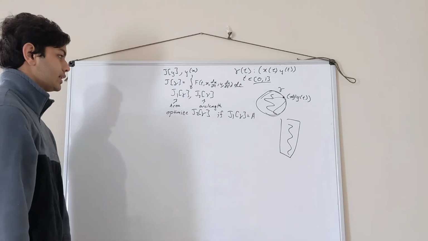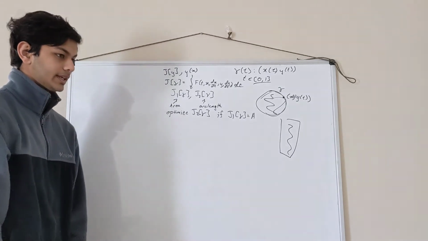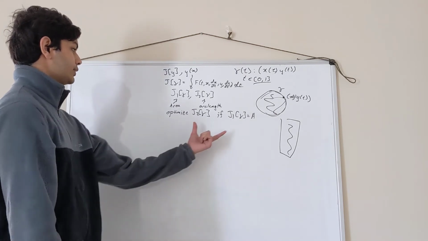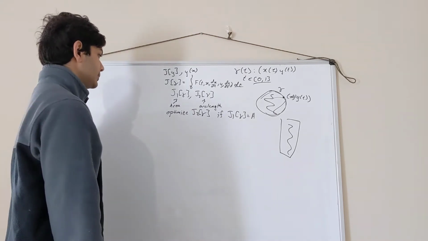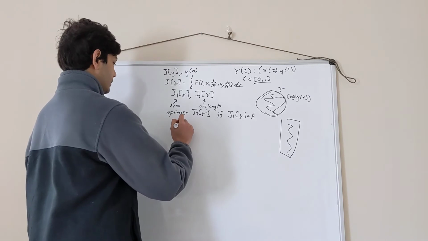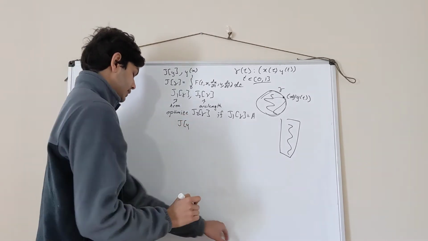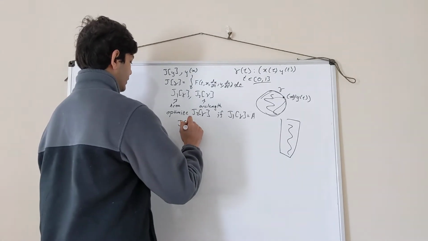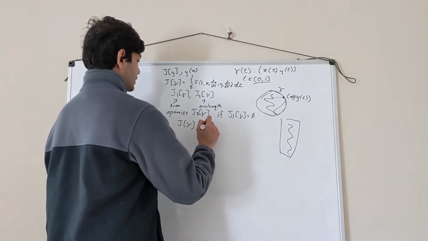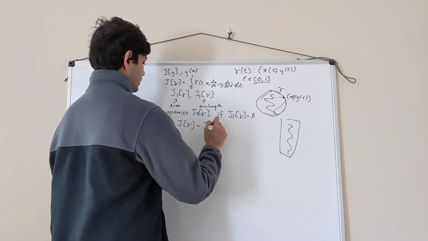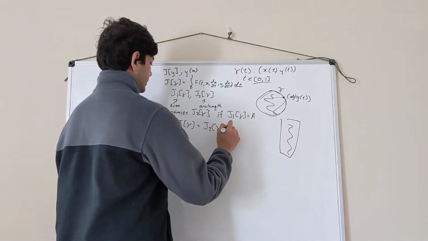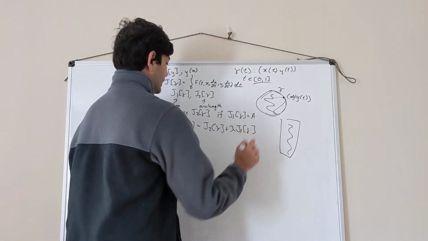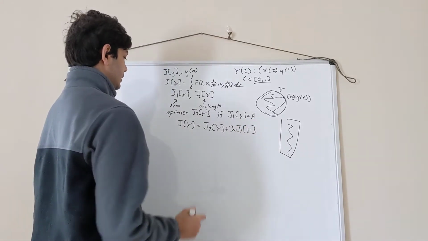And then you'll see that you can use something very similar to Lagrange multipliers, which I'll make another video on. If you want to solve this sort of problem, that's the same thing as solving the problem of optimizing a functional which looks like the following. You create a new functional called J of gamma, which is equal to J2 of gamma plus lambda J1 of gamma.